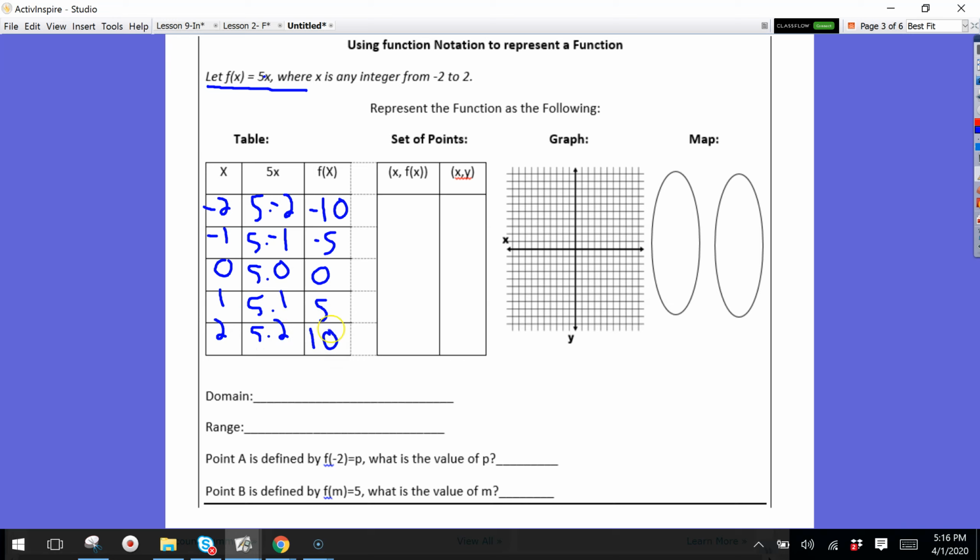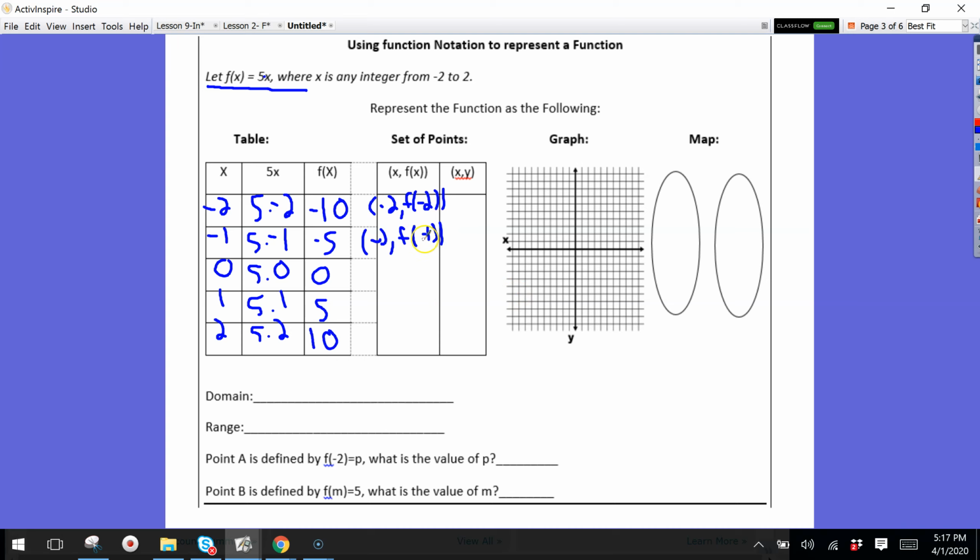Okay, now what I want to do is talk about how we would write this in function notation. We have a set of 5 points here. We have -2 and we have f of -2. We have -1 and f of -1. And some of you are like, but shouldn't we write -5 here?